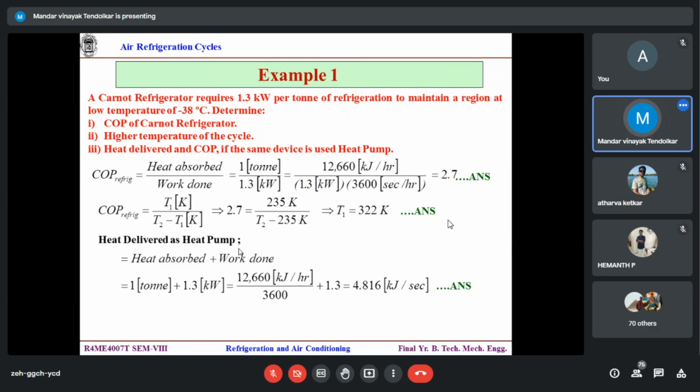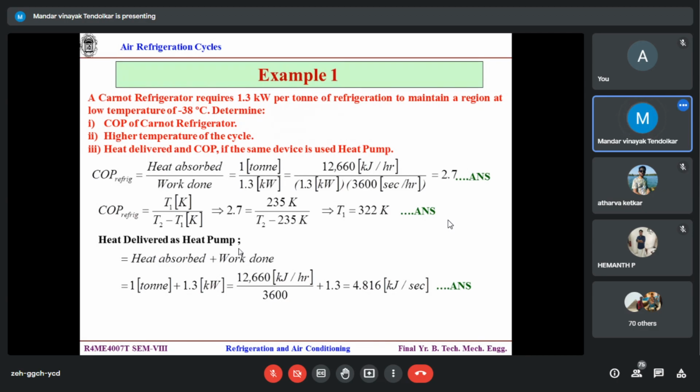And now the third part, heat delivered and COP if the same device is used as a heat pump. Now COP you can directly write down, this is 2.7, so it would be plus 1, so 3.7. Now heat delivered as a heat pump is nothing but heat absorbed plus the work done. Heat absorbed, that means evaporator, work done, that means compressor. So heat absorbed, the refrigeration effect, is 1 ton. Compressor work is 1.3 kW per ton.